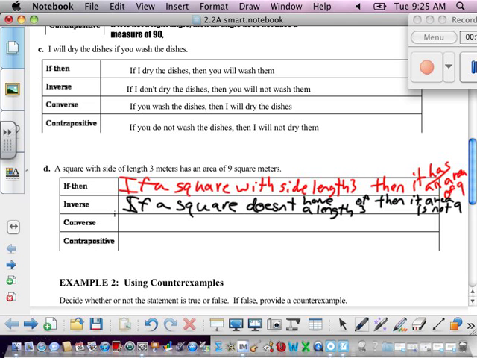Converse: if its area is 9, then its length is 3.